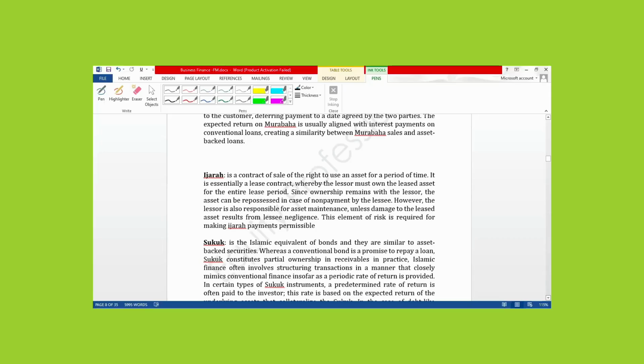Assuming you are asked in your exam, differentiate between Sukuk bond, that is Islamic bond, and conventional bond.